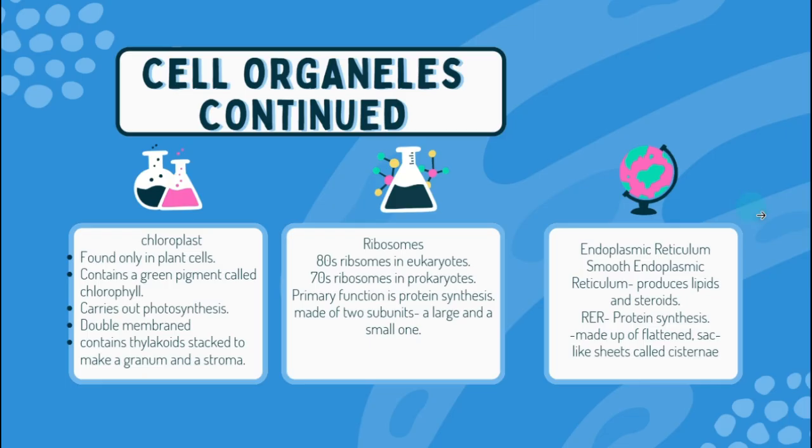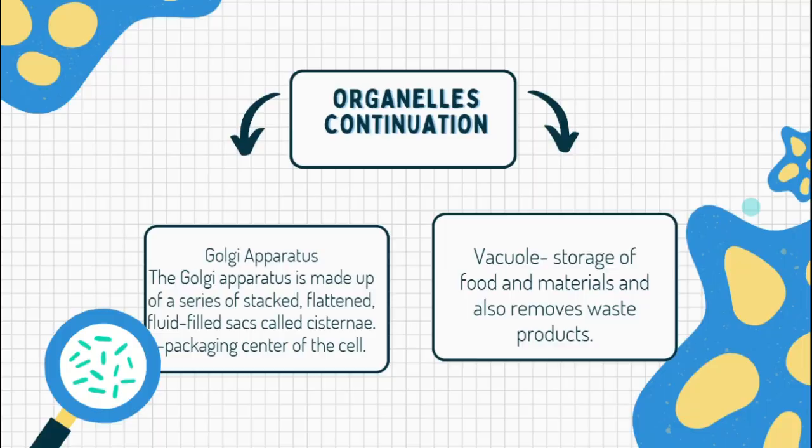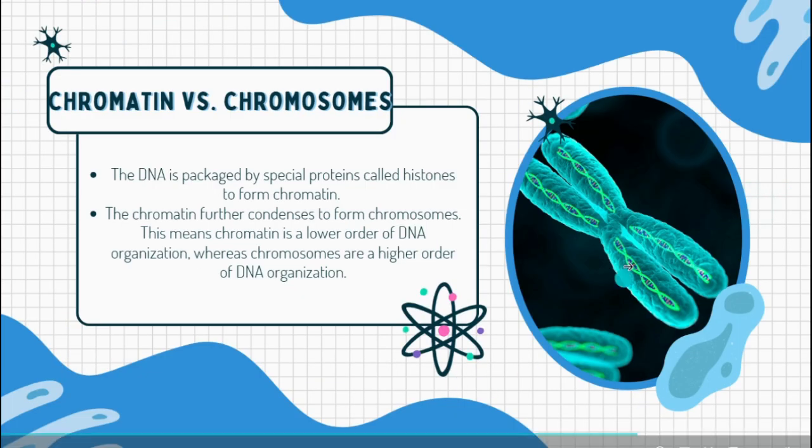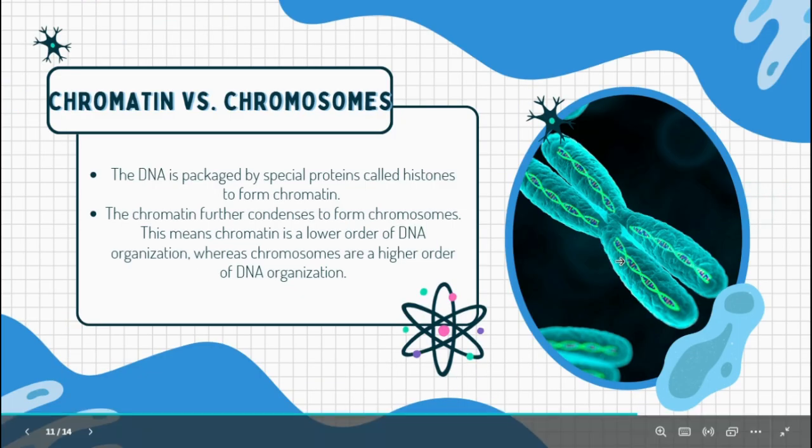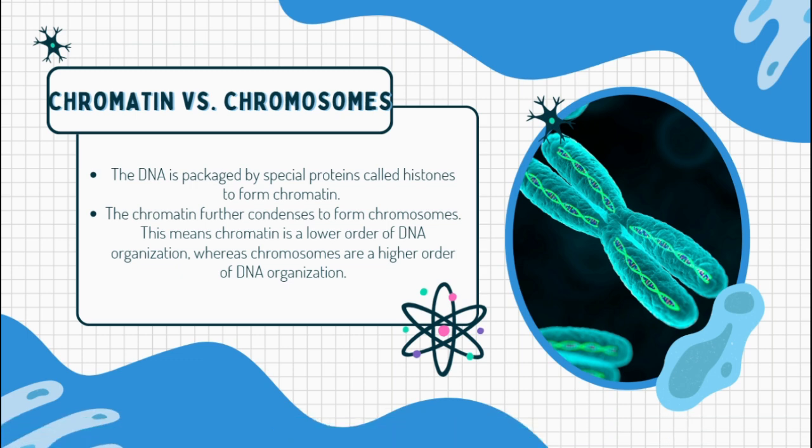The main way that you can differentiate chromatin from the chromosome is the cell cycle, where you have interphase, and then you get into mitosis or meiosis. The cell spends most of its time in interphase.